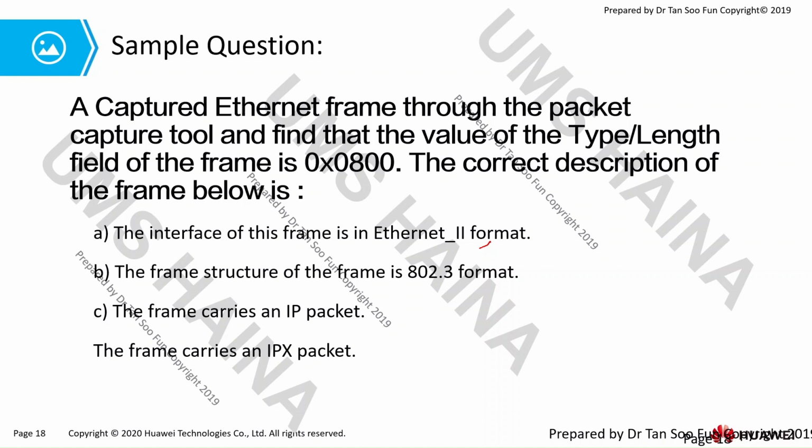So remember for the protocol here, you need to tell it is an Ethernet frame, and the formatting of the Ethernet should be Ethernet 2. And if 0x0800 stands for the IP packet, the answer should be A and C there.